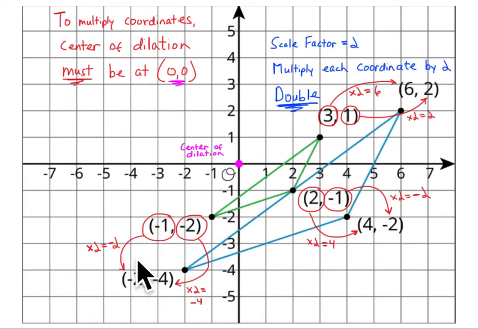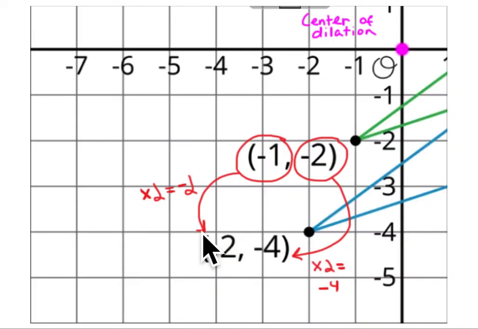The last one is these 2 points down here. So this point is at -1, -2. So if you double each of those lengths, 2 times -1 is -2. So 2 times -1 right here is -2. So it gets you out to here. That's the x-coordinate. And 2 times -2 is -4.